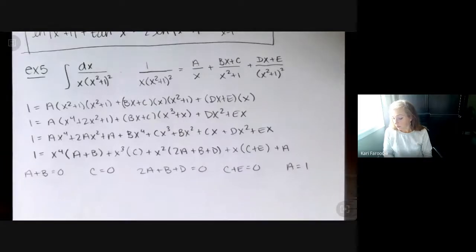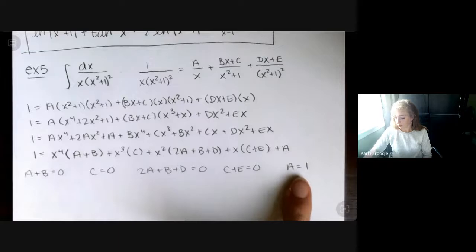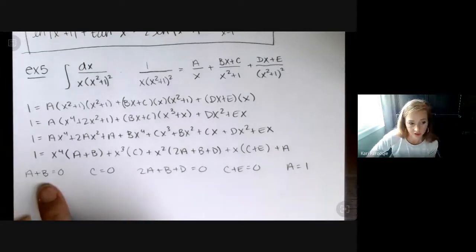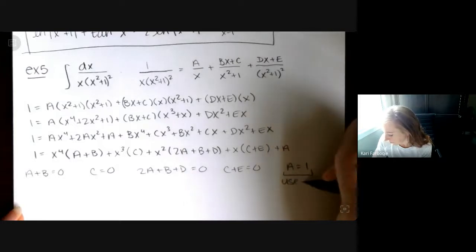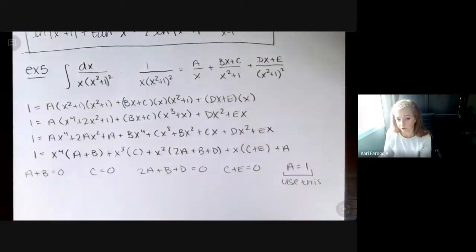Now, if you feel like at this point you can do this, that's fine, because you might not need to put this into your calculator. I mean, think about it. If a is 1, and you know that a plus b equals 0, then it must be that b equals -1. So I would say, put it in your calculator if you want to, set up a system if you want to, but if it's something basic like this, you might not want to.